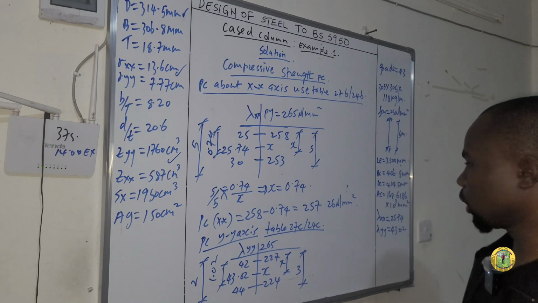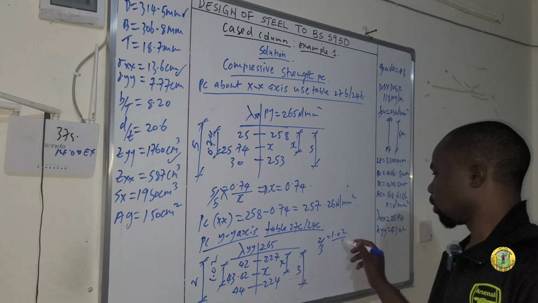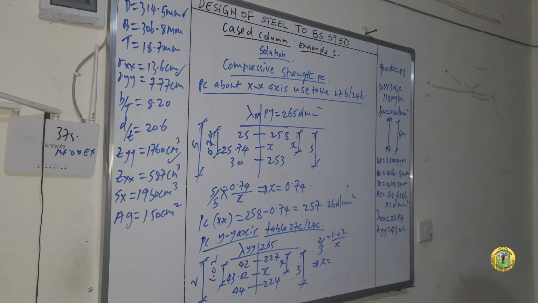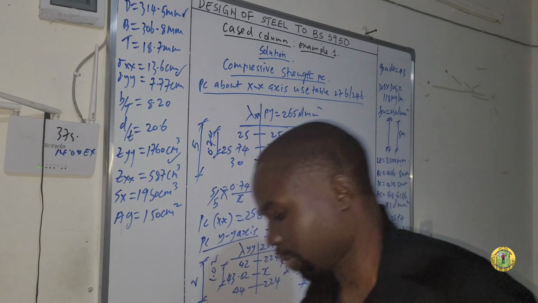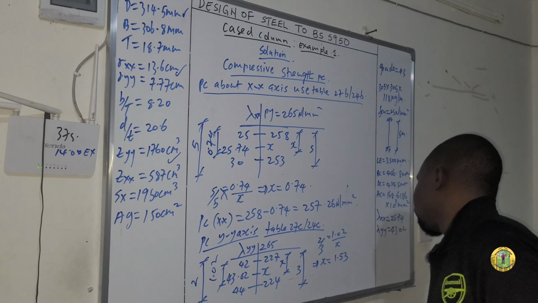So just to do the comparison, 2 over 3 is equal to 1.02 all over X, which imply X is equal to, now take 1.02 times 3, cross multiply. 1.02 times 3 divided by 2. So you will get 1.53.